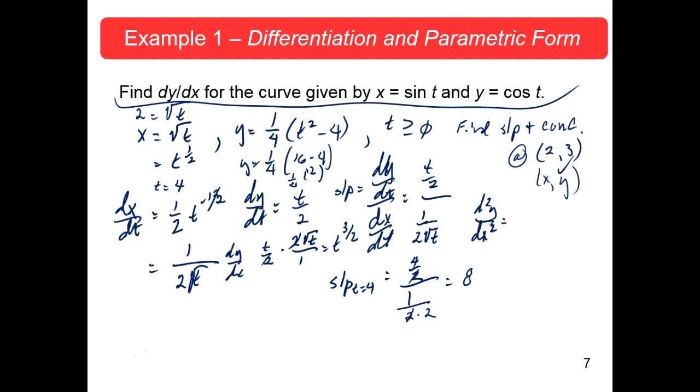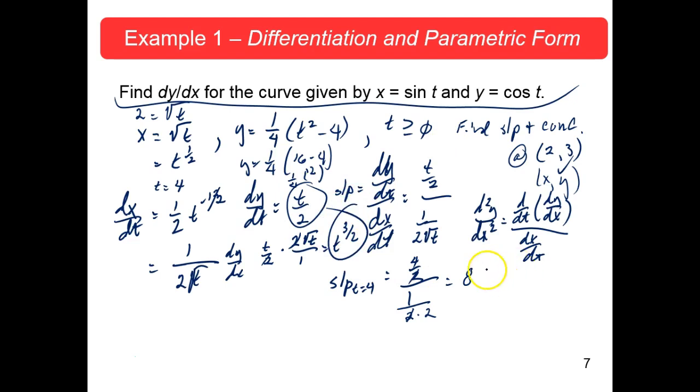So your d2y dx squared, which we just had in the boxes, is the same as d by dt of dy dx, divided by dx dt. Our dy dx was this one right here.